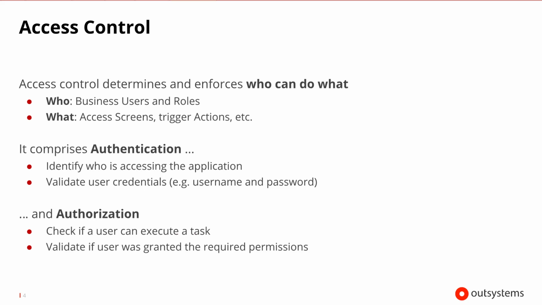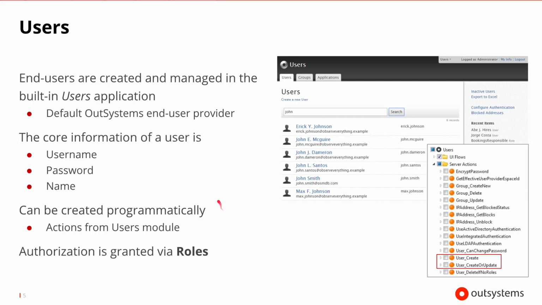So how would we define some of these things? Well, to start with, defining who the end users are will be done inside of the user application. So this is a default application that OutSystems has automatically installed in the platform. And what it'll let us do is go in and decide who the users are.